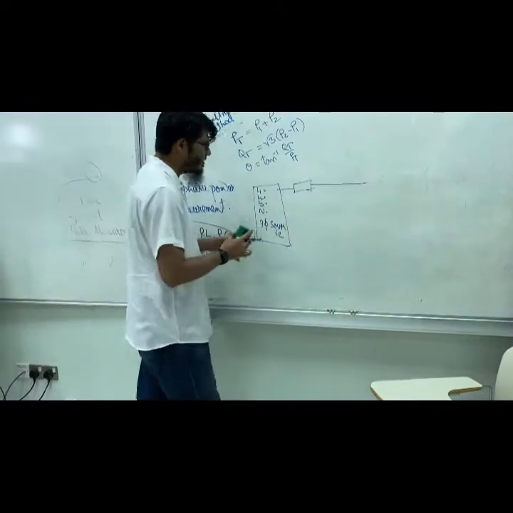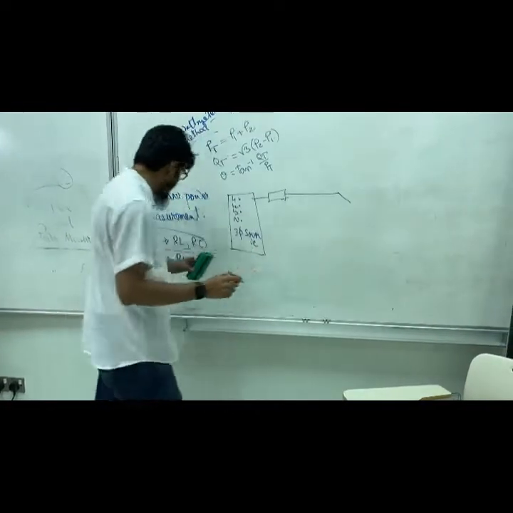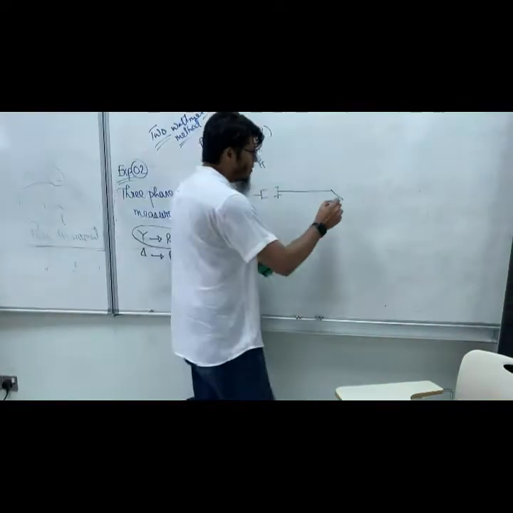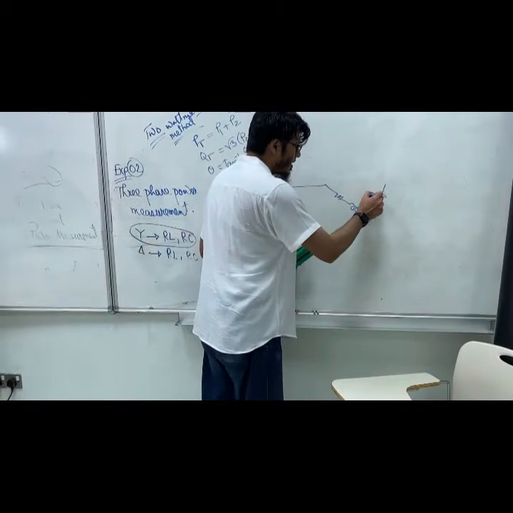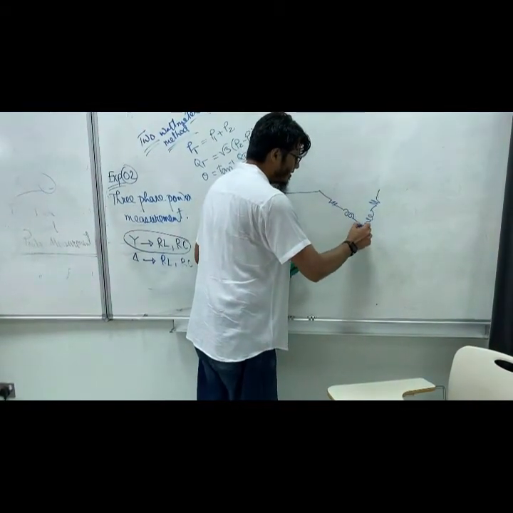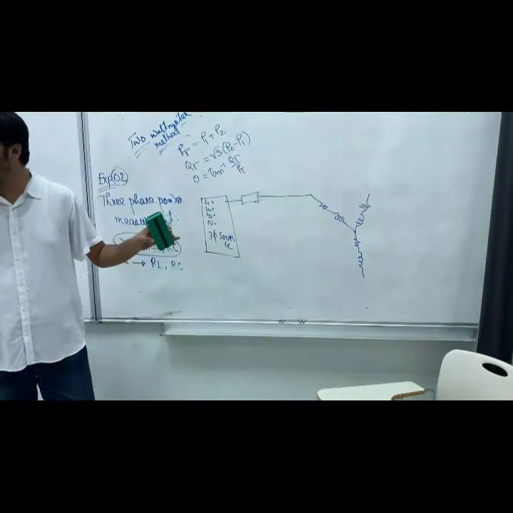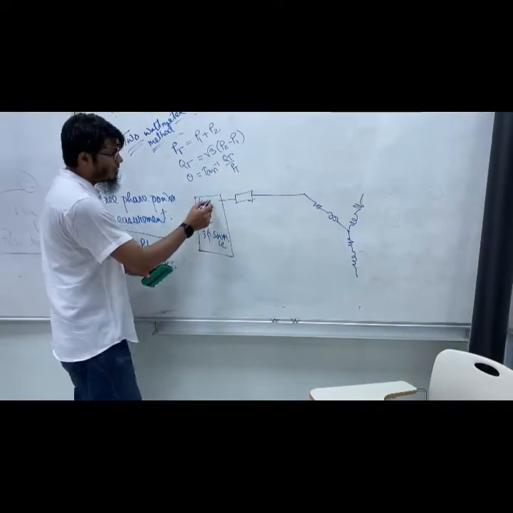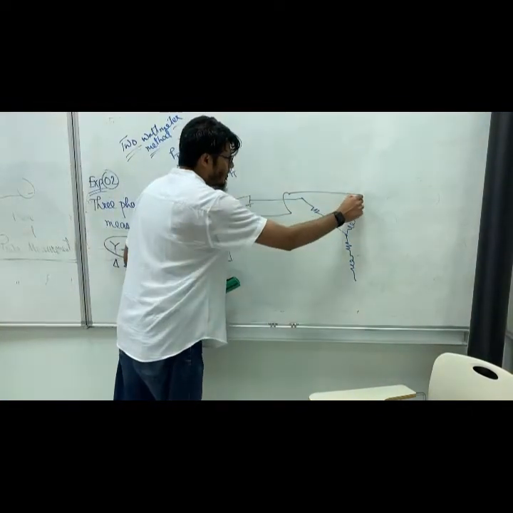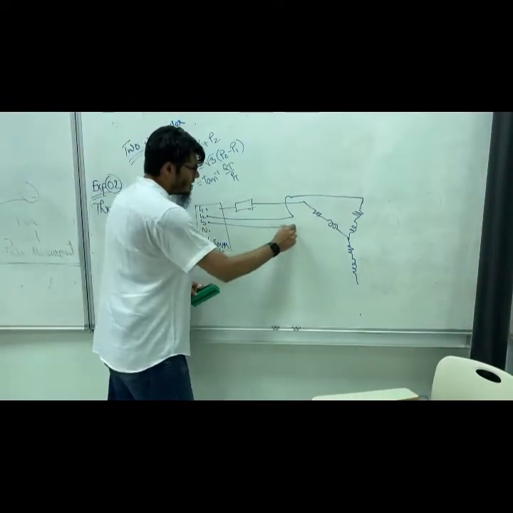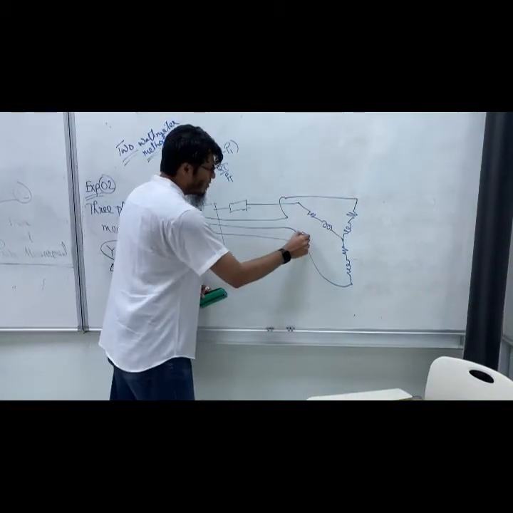Just remember how the circuit will look like. If it is a 3-phase source, we will have a 3-phase load, right? If you want to make it RL, the load will look like this: RL, RL and RL. L1 will be connected here, L2 here, L3 here, and the neutral will go to the neutral.